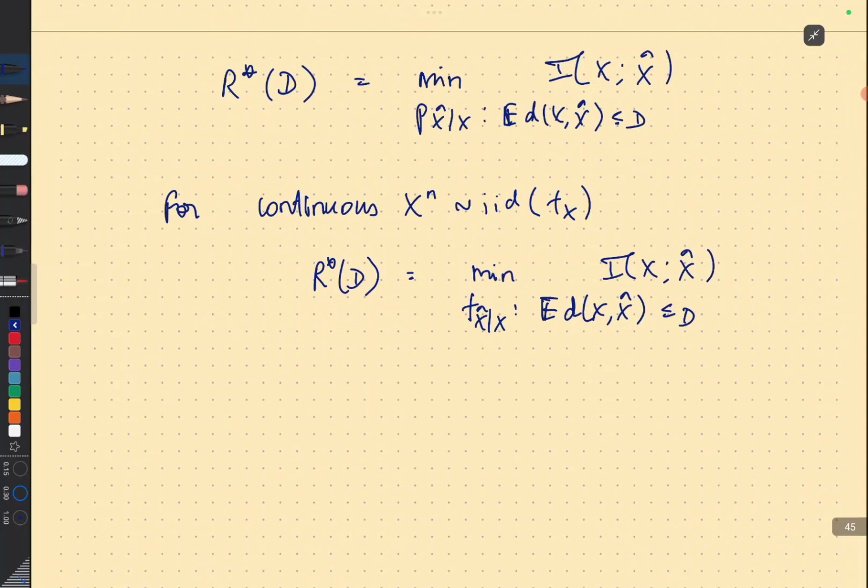So in both cases the expressions are essentially similar, except that you replace the PMF with a probability density, a conditional PDF.